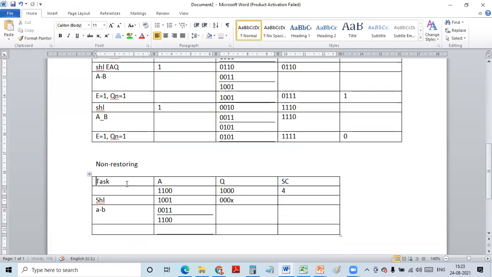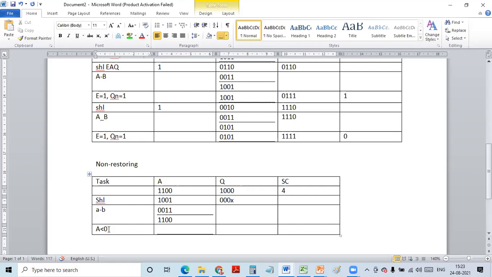This example is quite complicated. See, here A minus B we are doing. We got 1100 as a result. Here the most significant bit of A is 1, which indirectly says your A is less than B, the result A less than 0. Based on that we will take the decision.